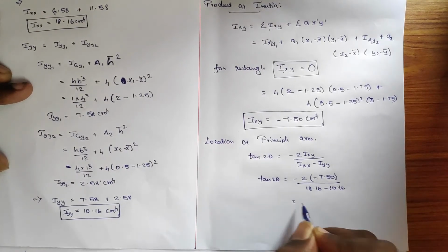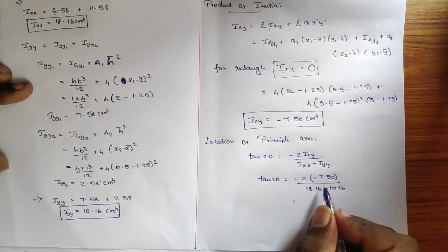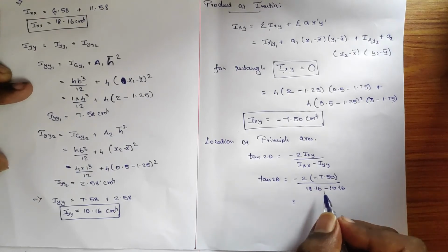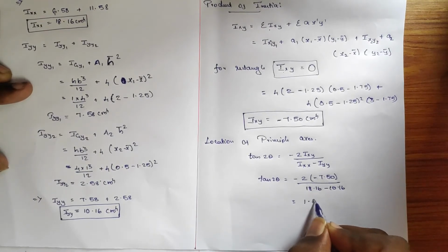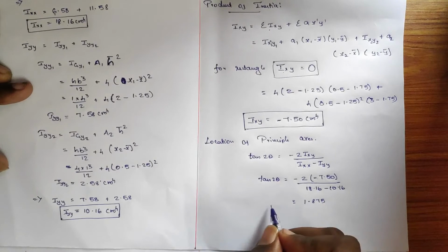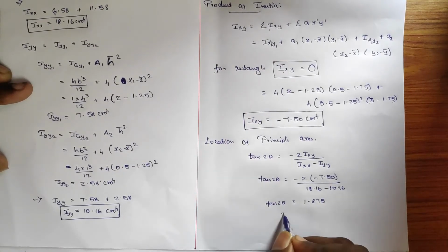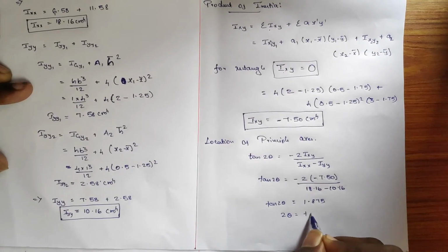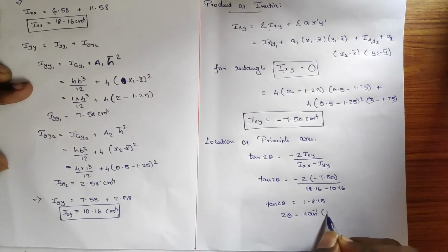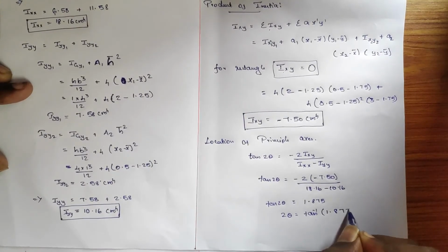If you do the simplification, you will get 1.875. This is tan 2 theta. So 2 theta is equal to tan inverse of that.